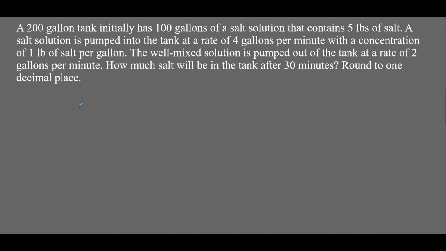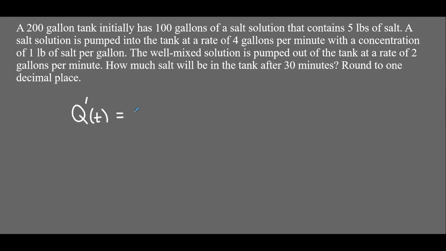So we use variable Q or A. Some books use A for the amount of salt in the tank after time T. And this equation is going to say the rate of change of that salt is equal to the rate of the salt going in minus the rate of the salt going out.